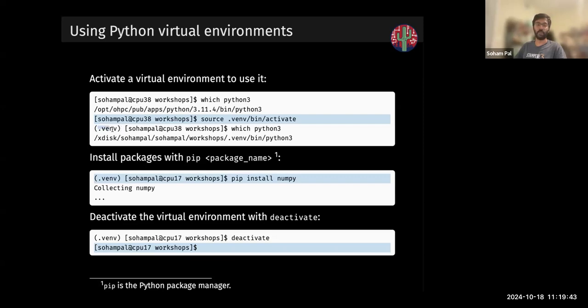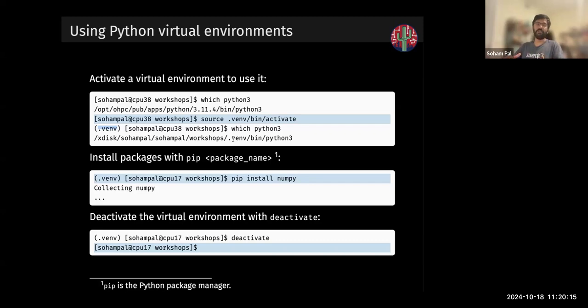So it will show .venv, and then if you check the Python 3, it will show that it is coming from that virtual environment. So now you can see that the virtual environment is actually active, and you are using the Python in the virtual environment and not the Python in the global environment.